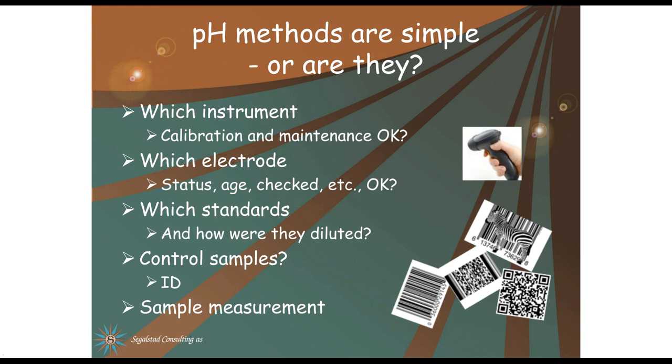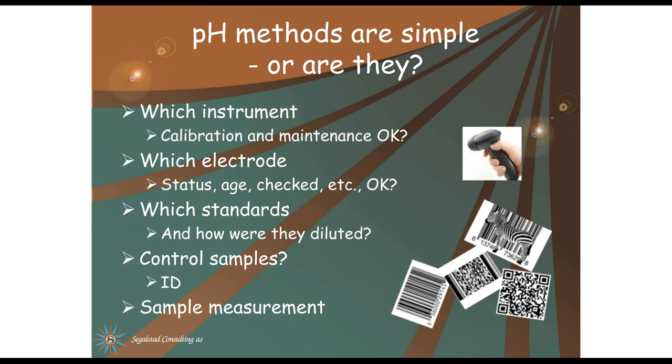So let's talk about implementation of analytical methods in LIMS. pH methods are simple. You measure the pH, make a note, and that's it, right? No, wrong. With data integrity in mind, you will need to have a lot more information. You need to know which instrument was used, calibration and maintenance, was that okay?